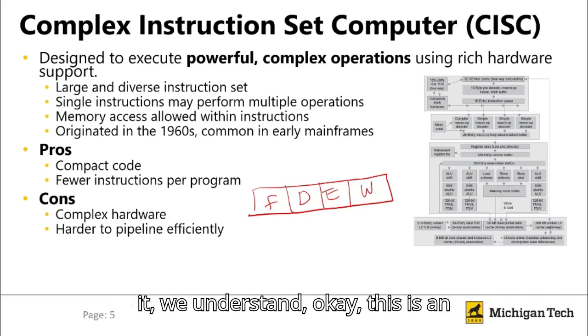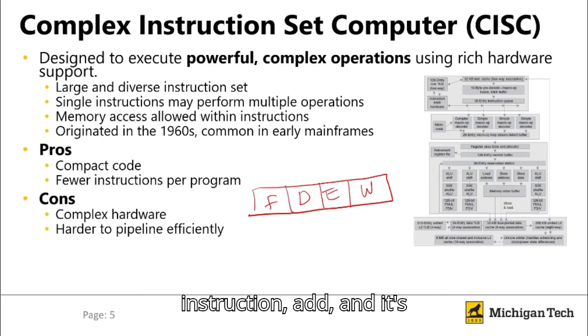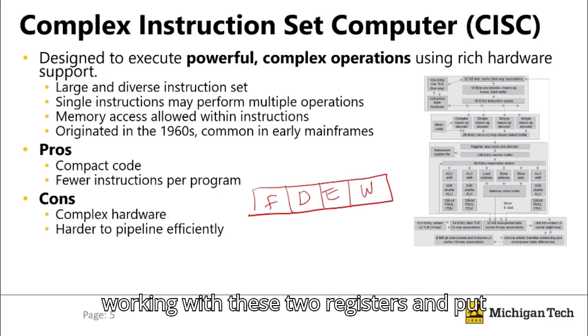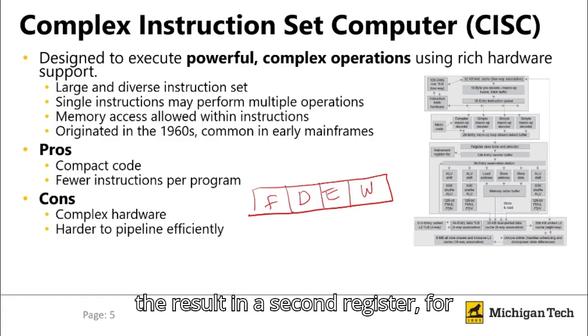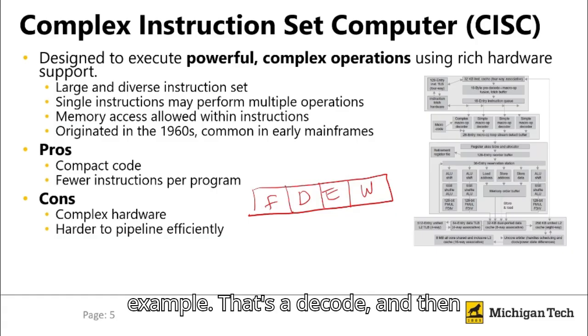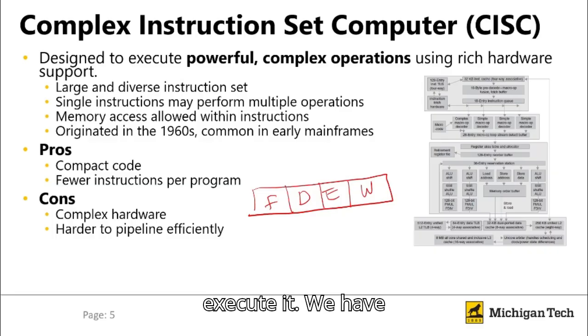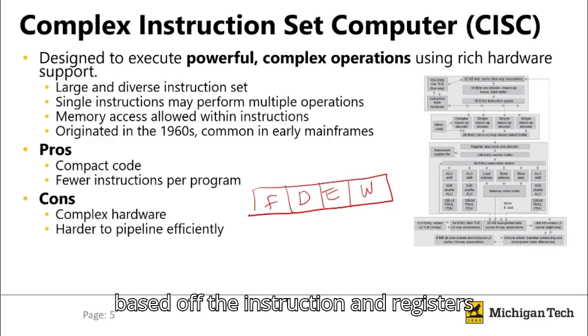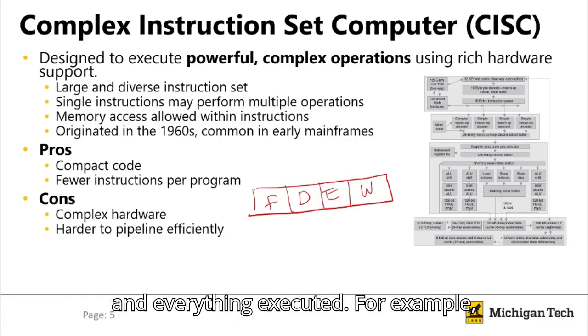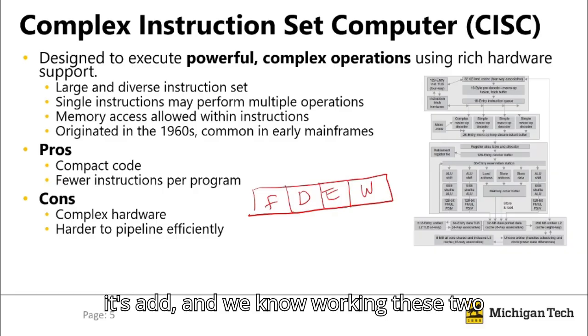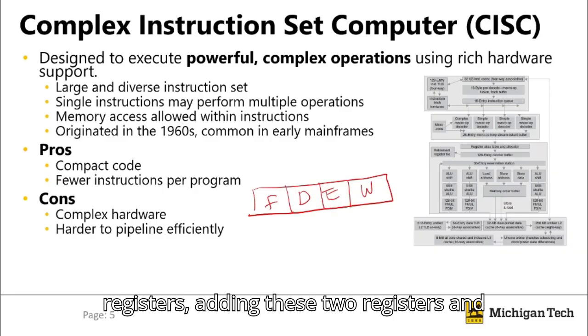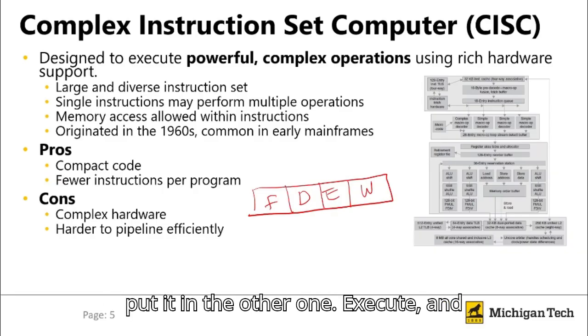When we decode it, we understand, okay, this is an add instruction, and it's working with these two registers and puts the result in a third register, for example. That's decode. And then execute it. We have the ALU inside the CPU, and based on the instruction and registers, it executes. For example, it's add, adding these two registers and putting the result in the other one.